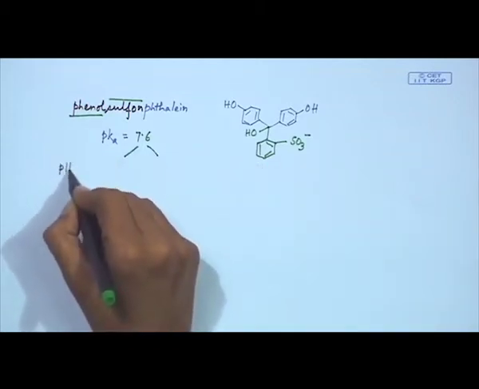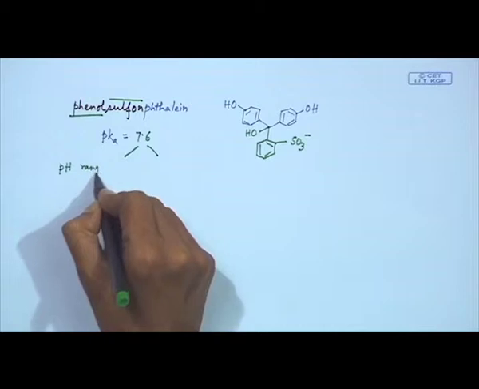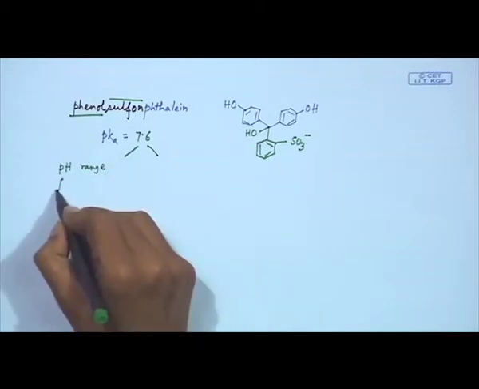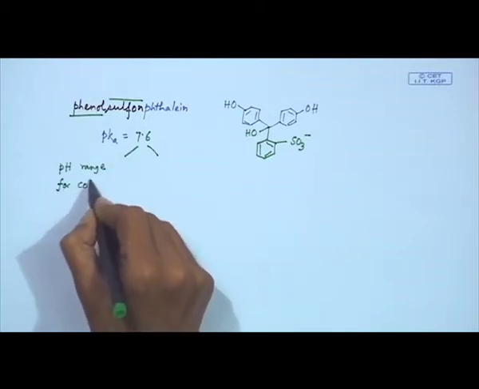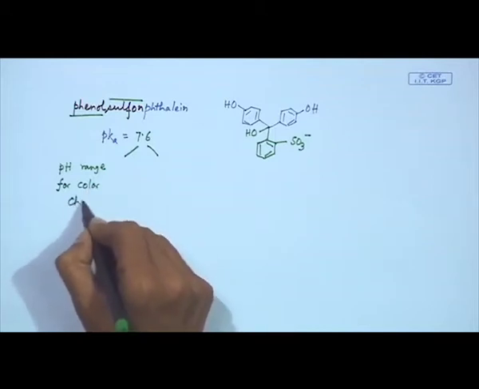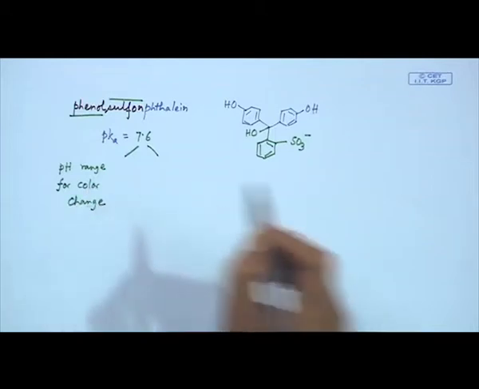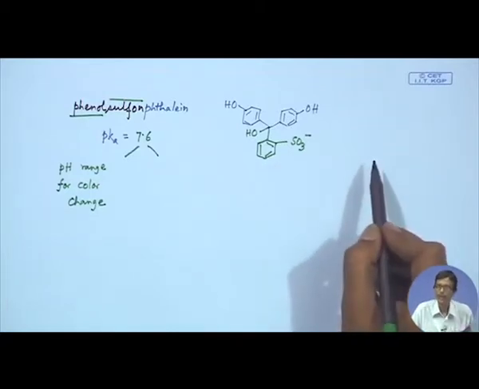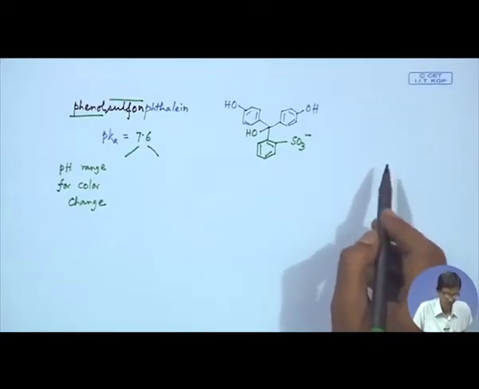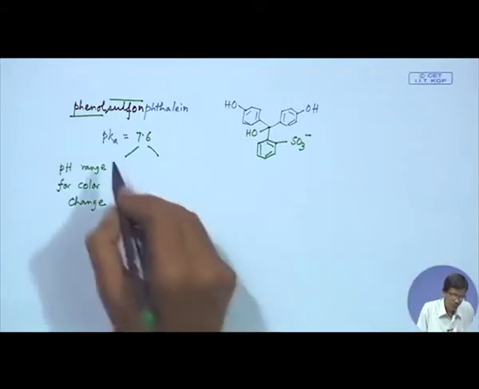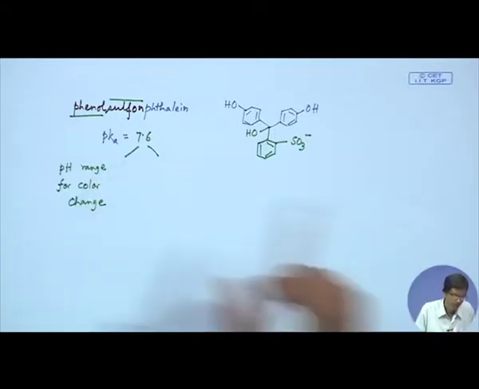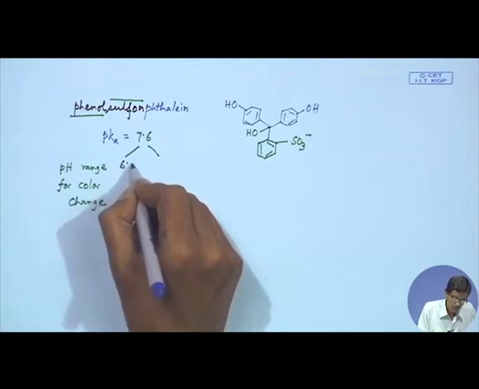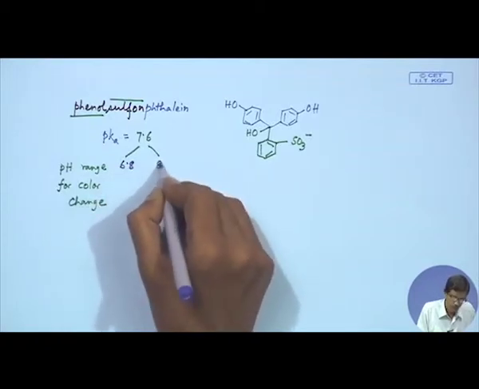The pH range for color change means that the colors for HIn and In minus will be different. In this case, the range is 6.8 to 8.4.